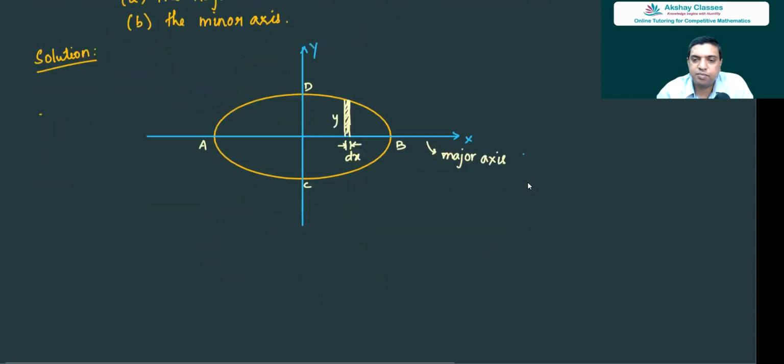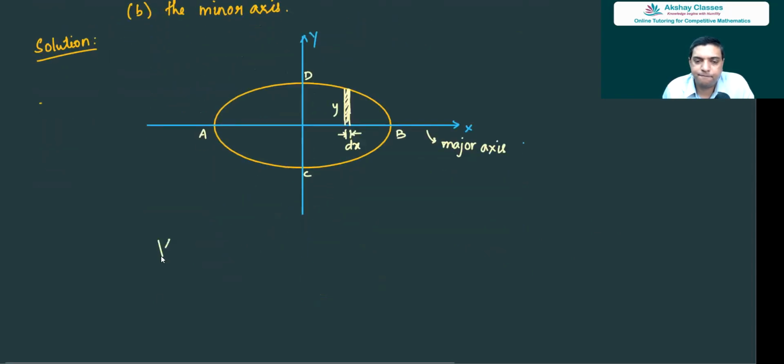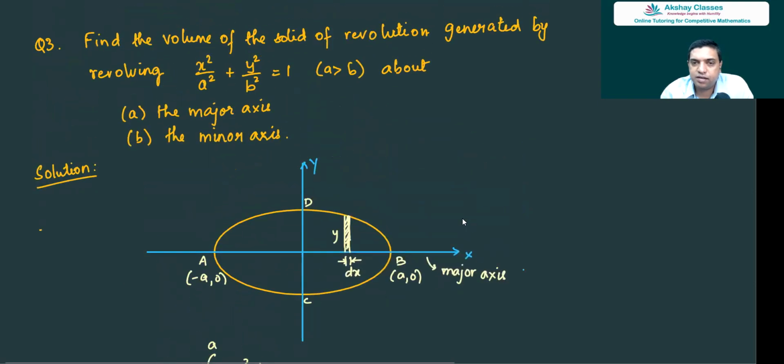Volume is given by pi y square dx integrated from the ends of the ellipse, minus a comma 0 to a comma 0. Okay. Now, what is y square?